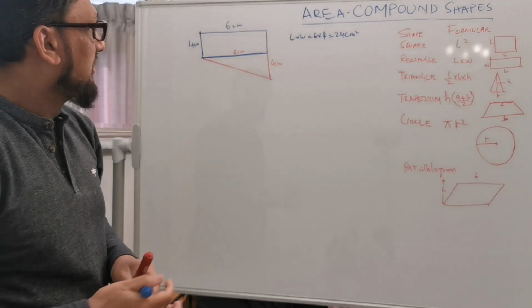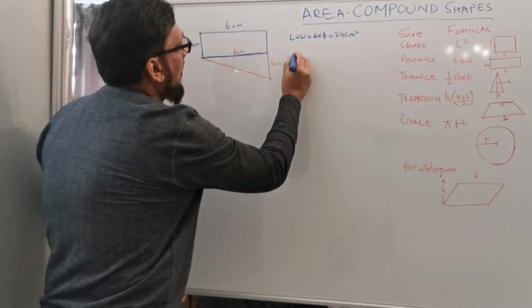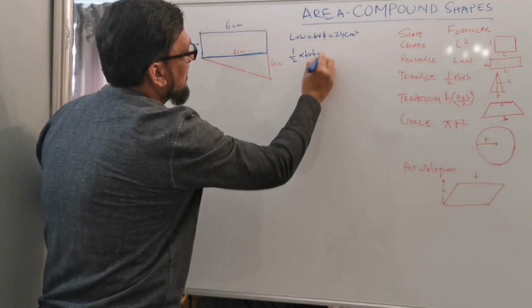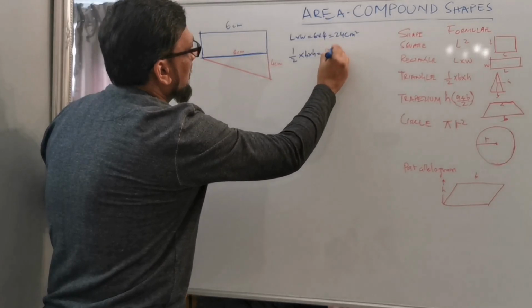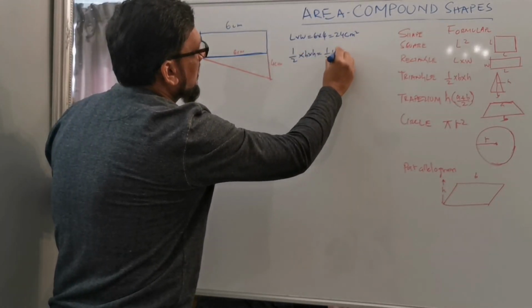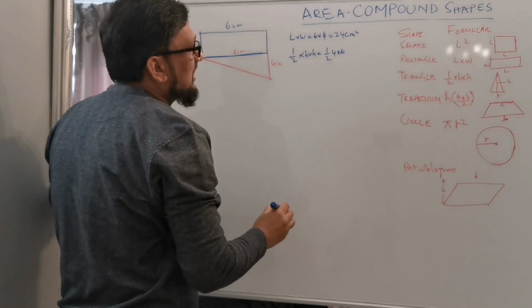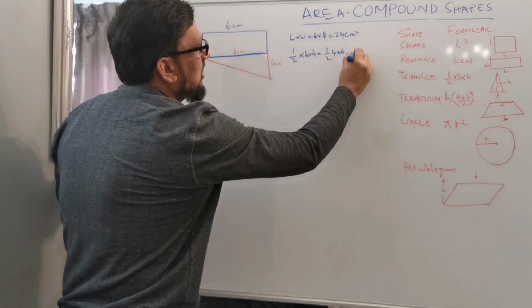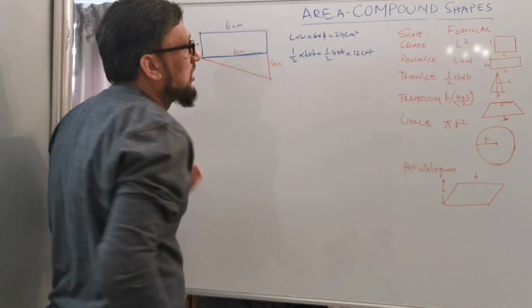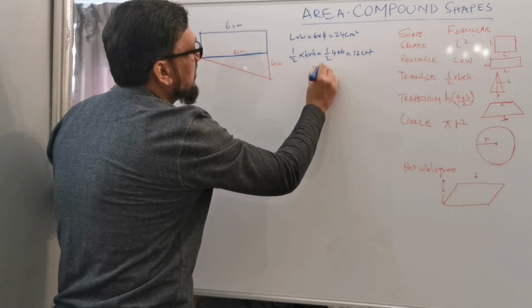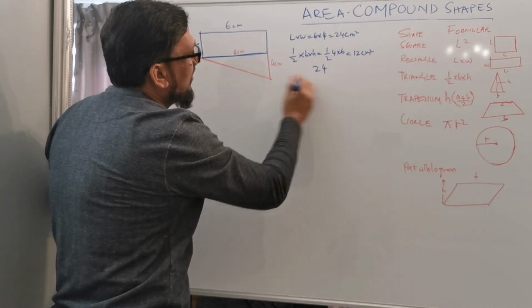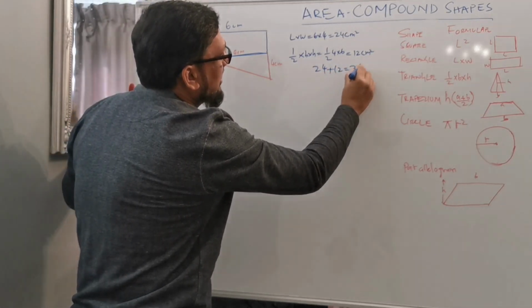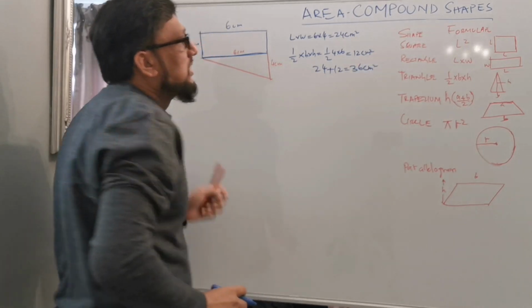So half times base 4 times height 6 gives 24, divided by 2, which is 12 centimeters squared. Now you add 24 for the rectangle area and 12 for the triangle, which is 36 centimeters squared.